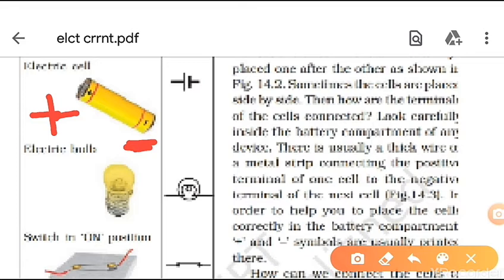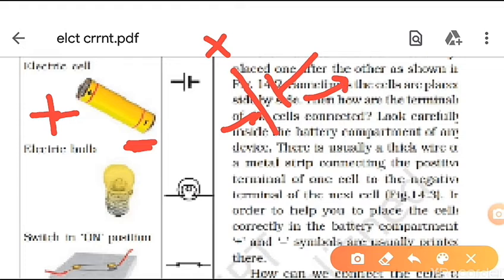So these are basically terminals. One is the positive terminal and the other one is the negative terminal. To draw its symbol, we draw the positive terminal with the longer line and the negative terminal with the smaller line. So this longer line represents the positive terminal and this shorter line represents the negative terminal.